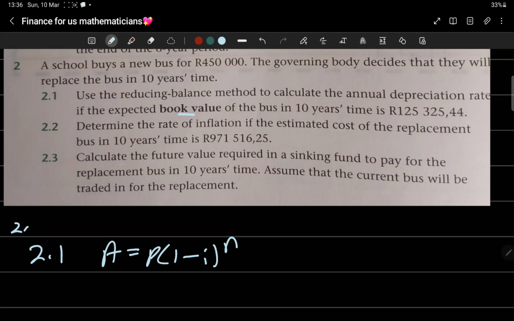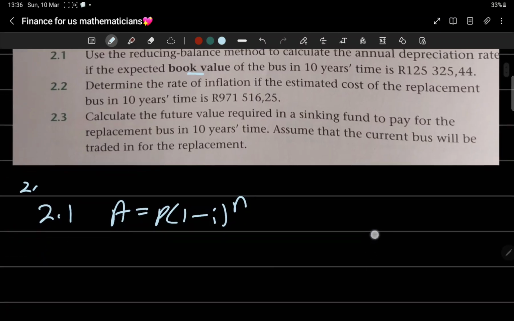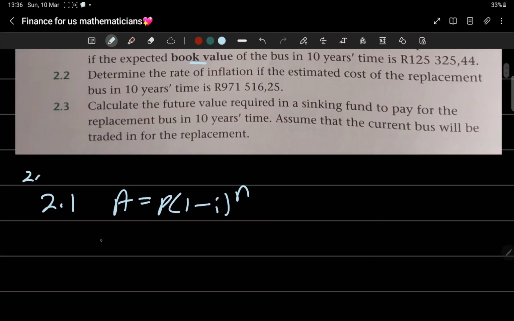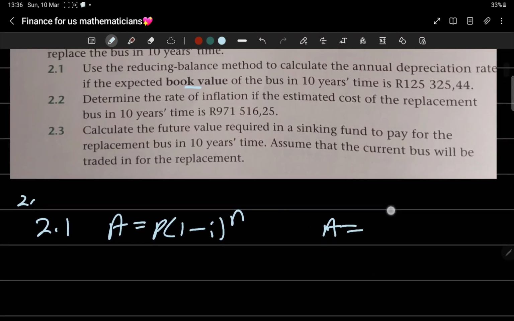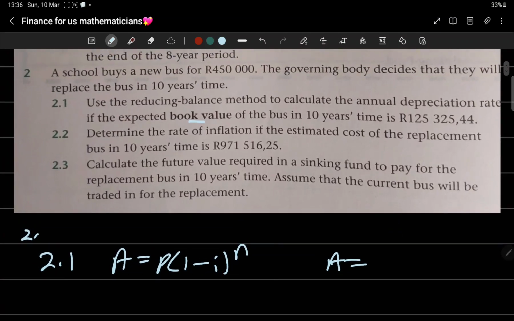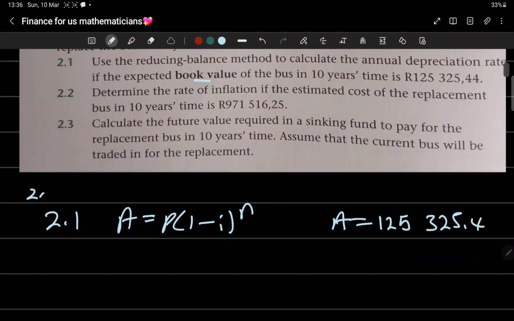It is given by 125,325.44, after it has been depreciated. This is the book value or scrap value. I don't know if there's a difference in these terms.